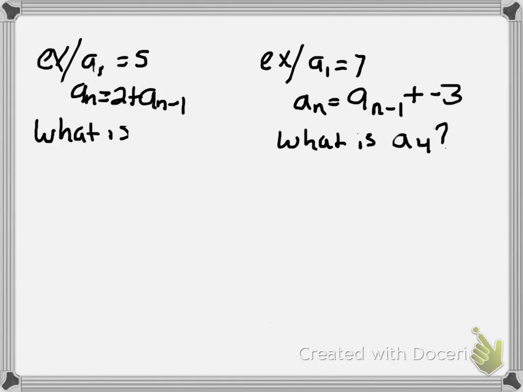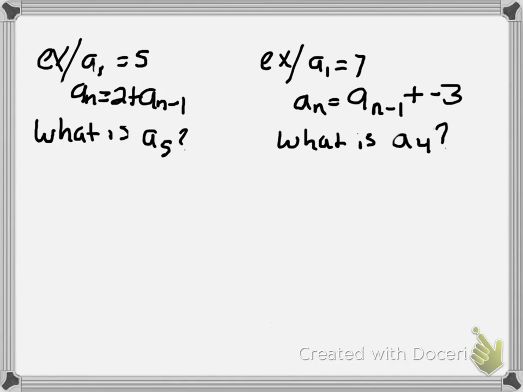Now, in this one on the left, let's say we're going to find a sub 5. Now, this is what I always do for these. You can make these problems into really long problems with a lot of work and a lot of steps, but I'm not going to do that to you.